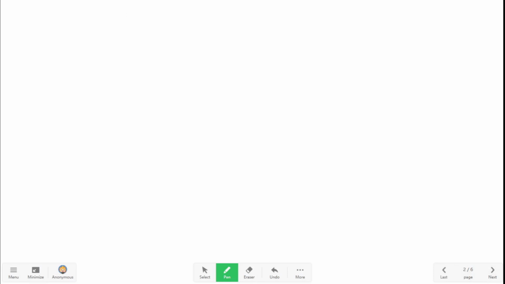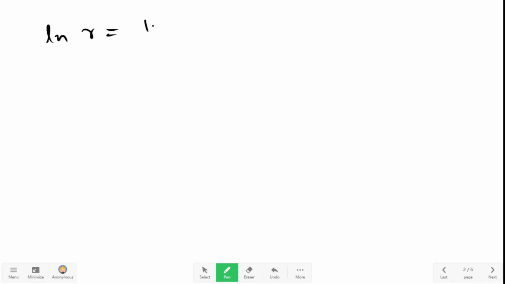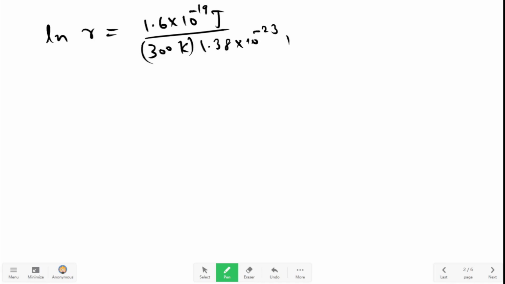Therefore we have ln R equal to 1.6 × 10^-19 joule divided by 300 Kelvin times 1.38 × 10^-23 joule per Kelvin, which is equal to 38.647.